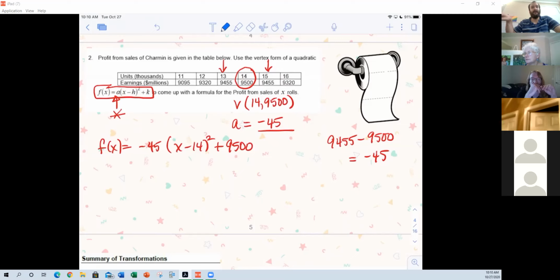And then the first down arrow, between your first up and your first down arrow, is where your vertex is going to be. And then the A you find by taking one of these numbers on either side of the vertex and subtracting the Y value of the vertex.